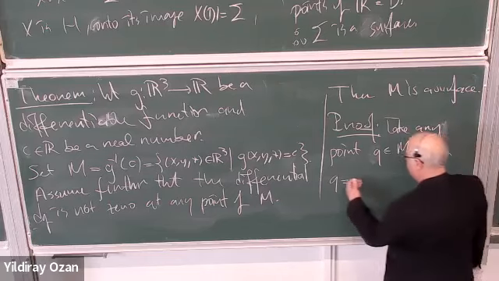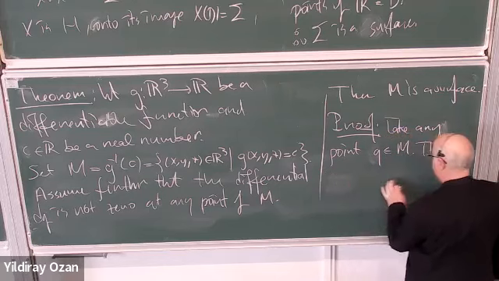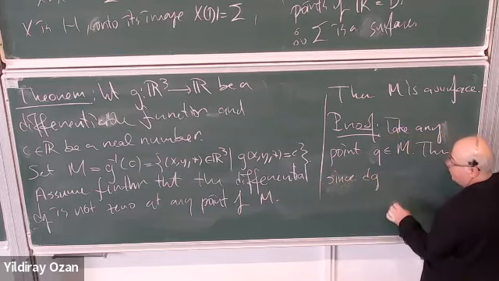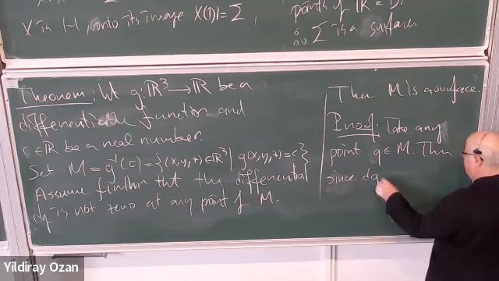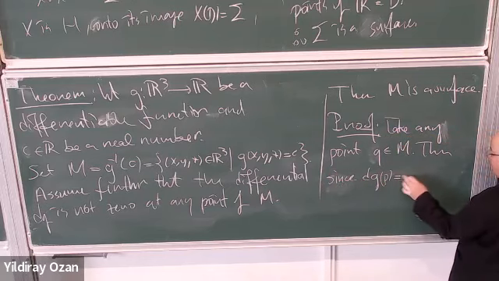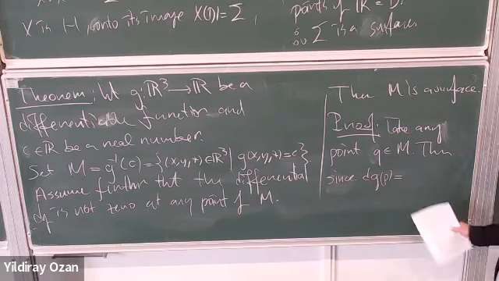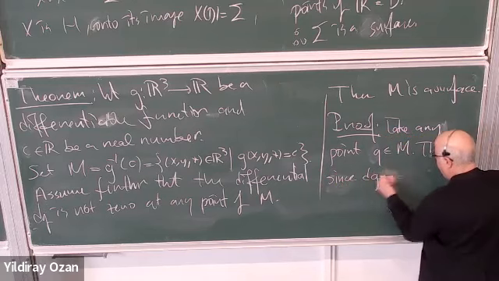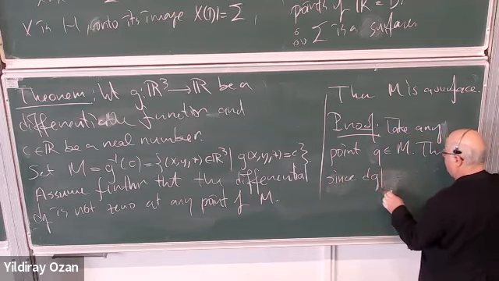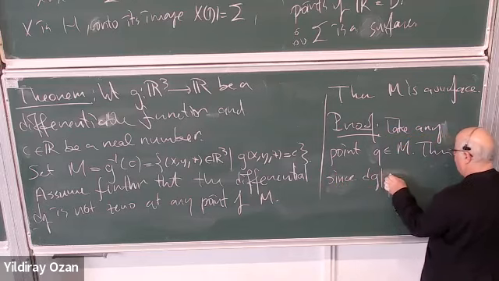Okay. Then since dG at P is equal to, what is this? Differential of G at P. Maybe I can write it this way, right? Differential of G at Q. What is this?